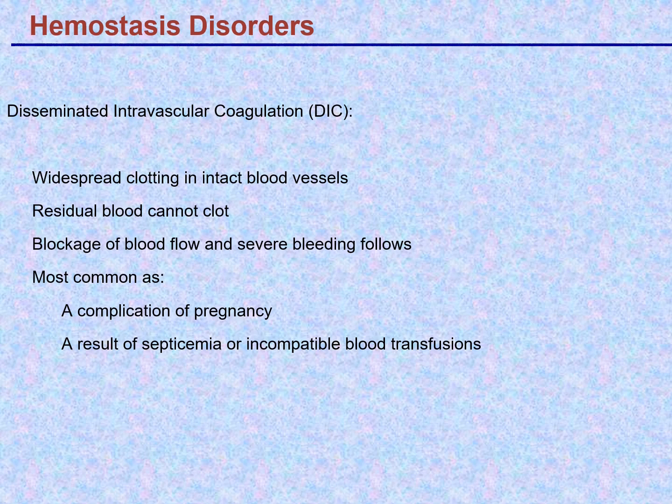It occurs not commonly, but when it does occur, most commonly it is because of a complication of pregnancy. At the time of delivery, what can happen is that some of the amniotic fluid can get into the mother's vasculature and trigger this kind of widespread minute clots, which then deplete the clotting factors.